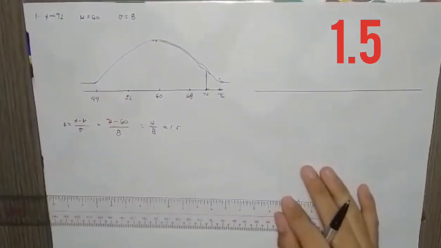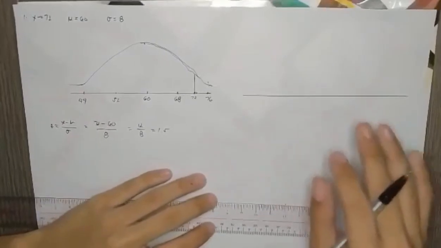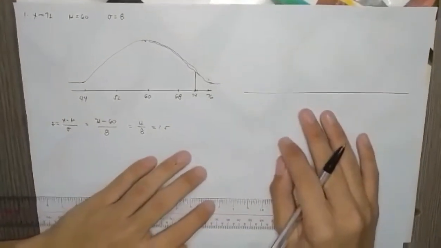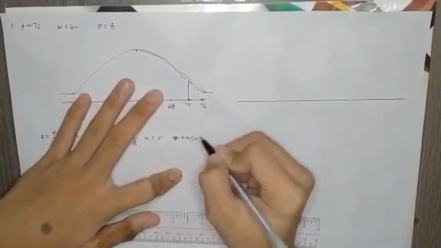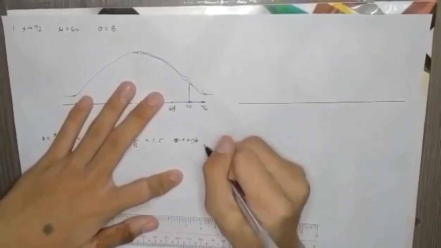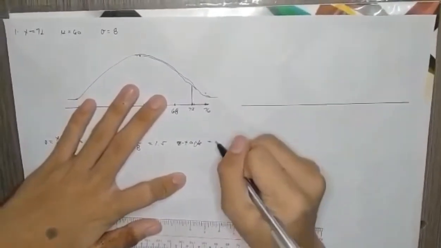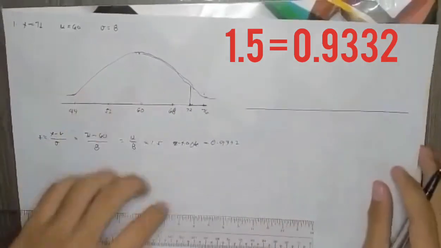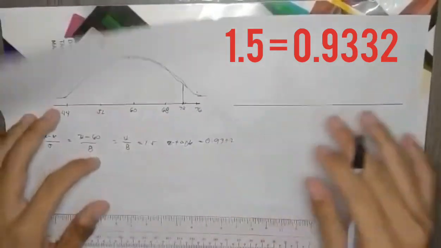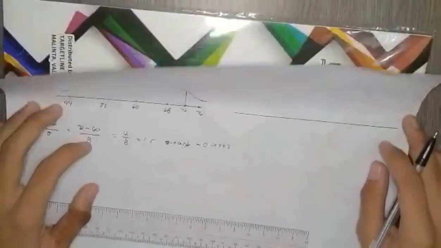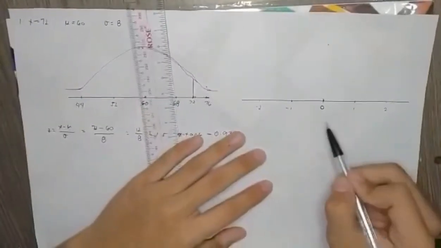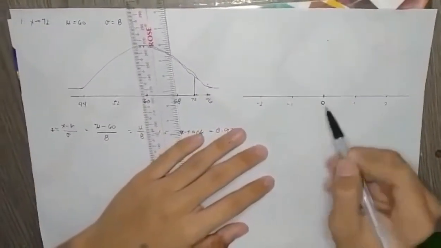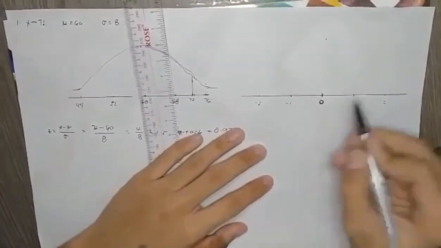In the z table, 1.5 is equal to 0.9332. That is the area below 1.5. This is our mean, 0.